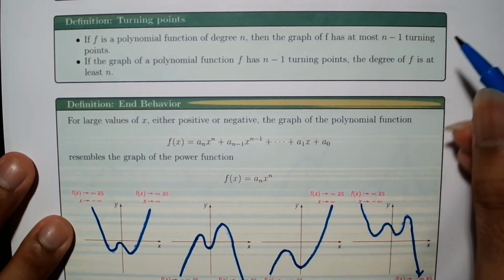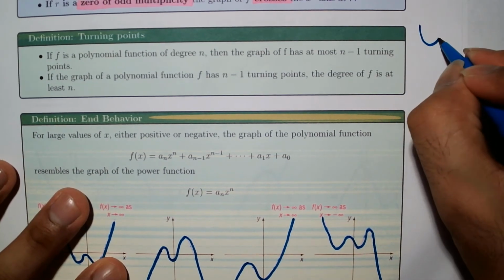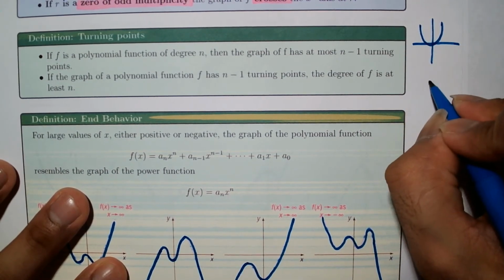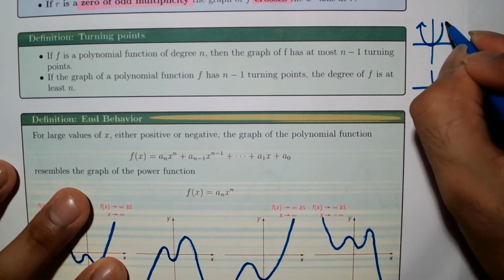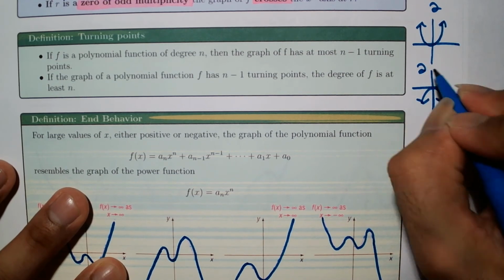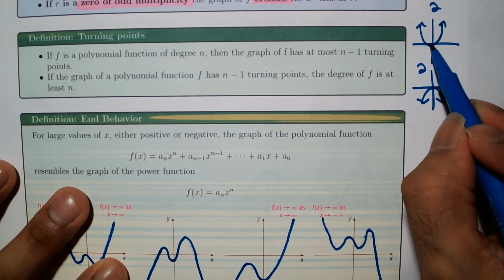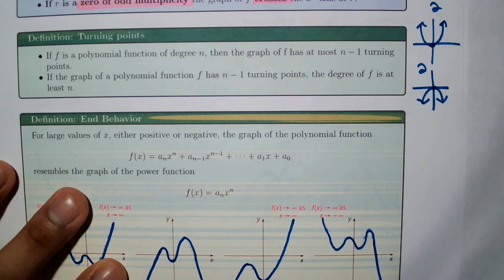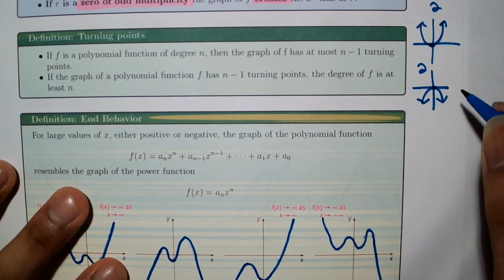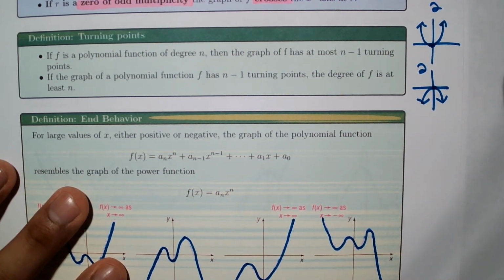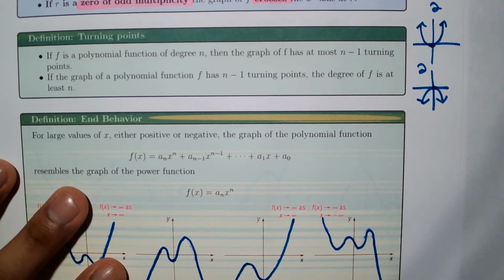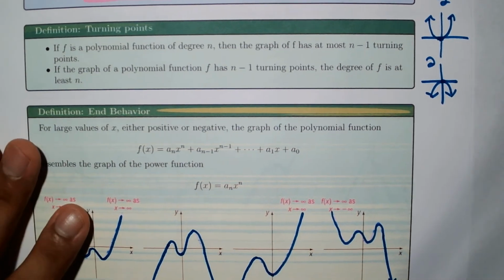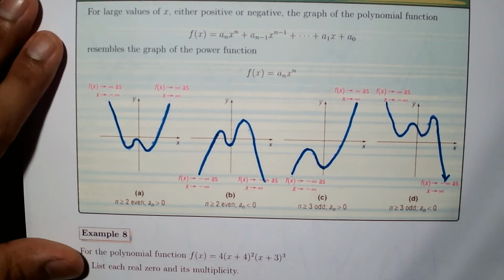Let me give that example right here. It's a parabola that opens up or down depending on the sign of the leading coefficient. The degree is 2, but how many turning points do you see? Do you see only one? A polynomial of third degree will have one less turning point than its degree, so it's going to have 2 turning points. We're going to see a little bit more about that.